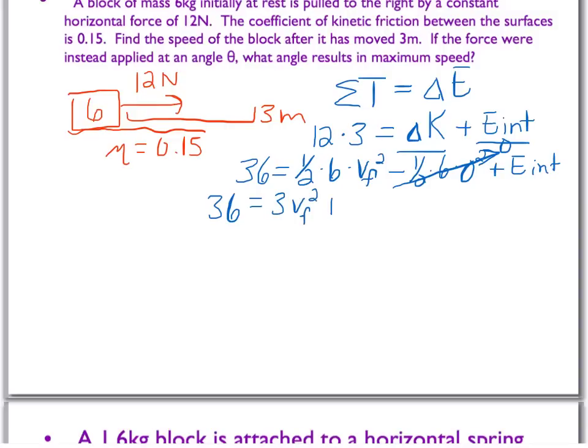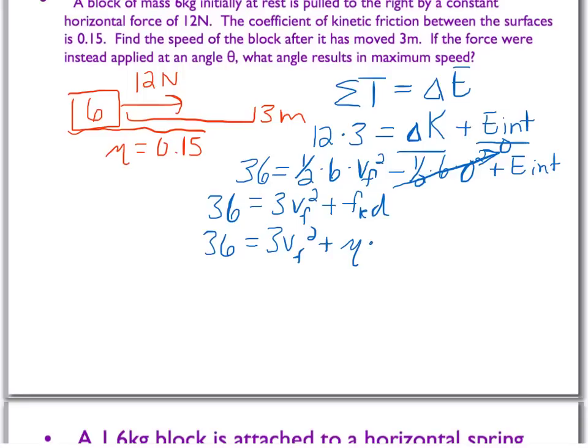And as I look at what has now gone into heating this block up, it is that frictional force multiplied by a displacement, where in this case, that frictional force is going to be mu times the normal force.